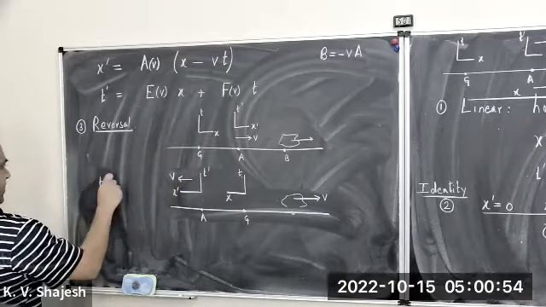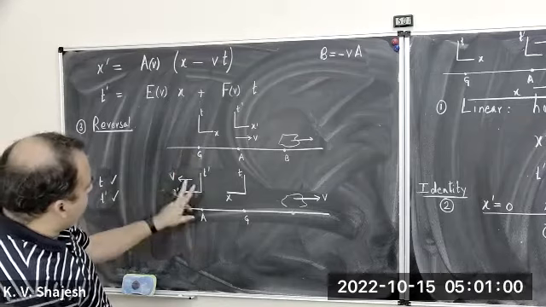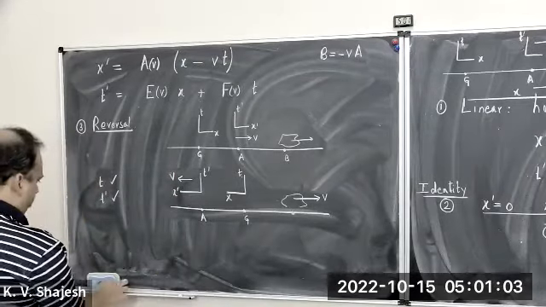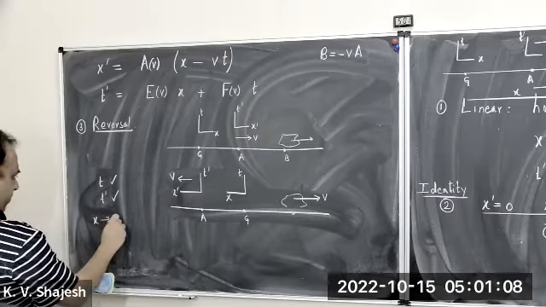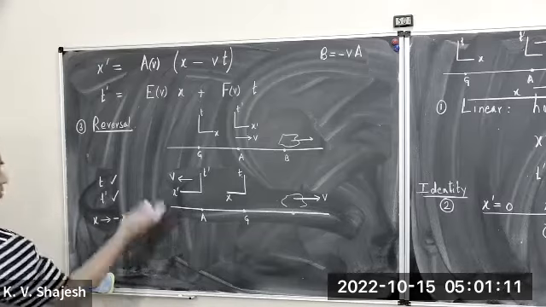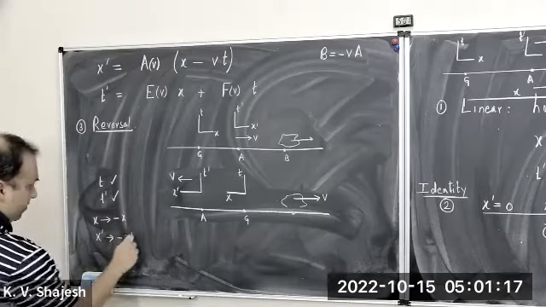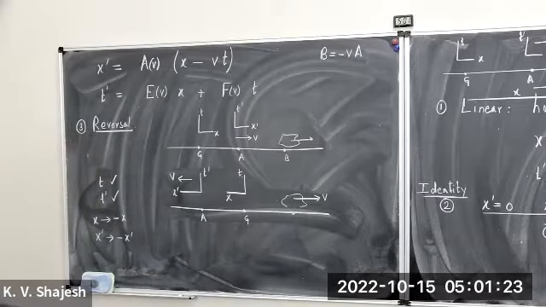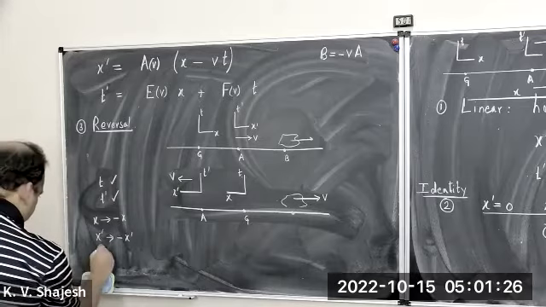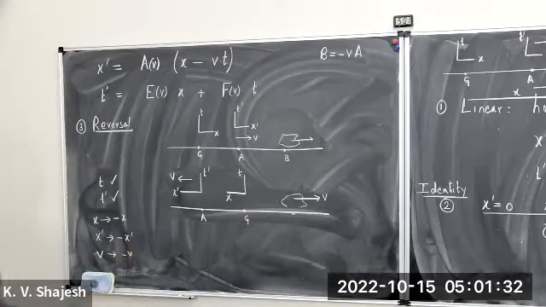So don't do anything with T. But if I were to flip my X, that means X going to minus X. So my requirement is that wherever my X shows, I replace it with minus X, and wherever my X prime is there, I replace it with minus X prime. Then I'm flipping the system, basically pretending as if everything is going to the left. And if I were to have my velocity also flipped, right? If I do these three things, my equations should not change.